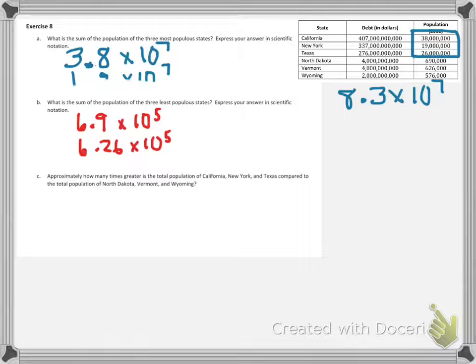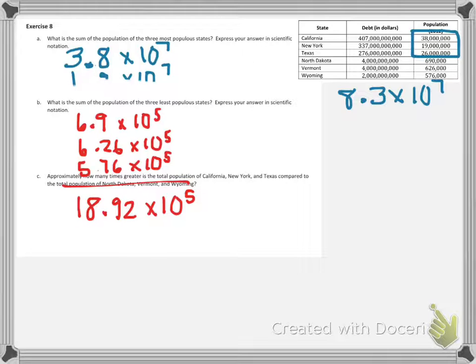And 5.76 times 10 to the 5th for Wyoming. And now when I add those, this is where I get the 18.92 times 10 to the 5th. And remember, I can add those because my powers are all the same. And then I need to move 1 decimal place over to get 1.892.